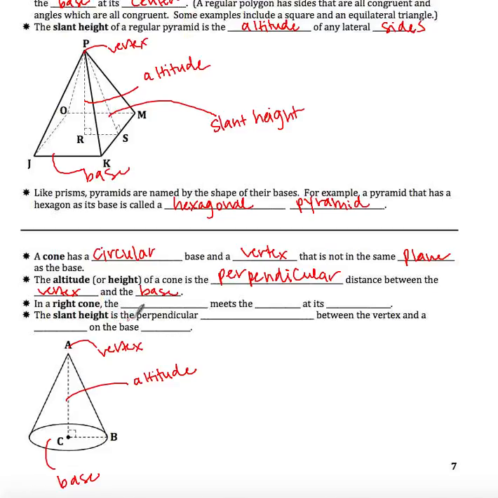In a right cone, the altitude or the height is going to meet the base at its center. So this would be considered a right cone because our altitude comes straight down and meets at a right angle.